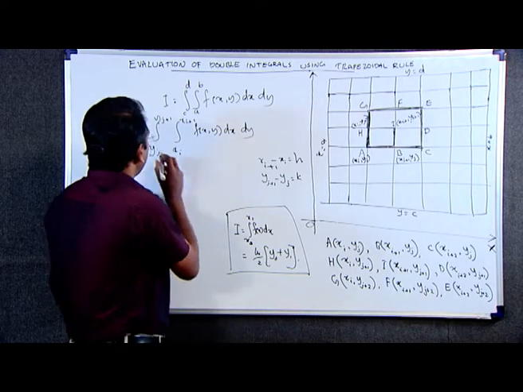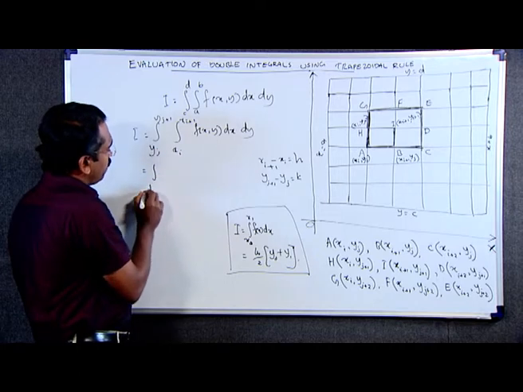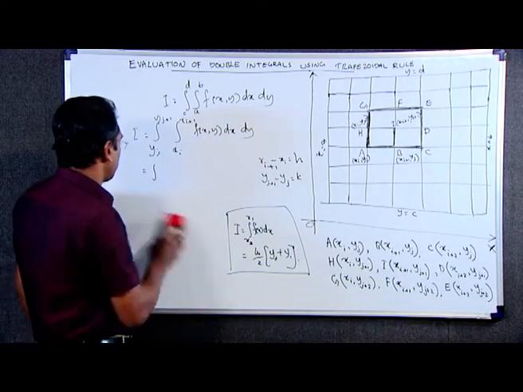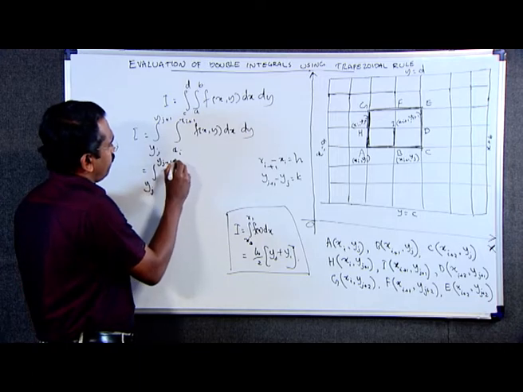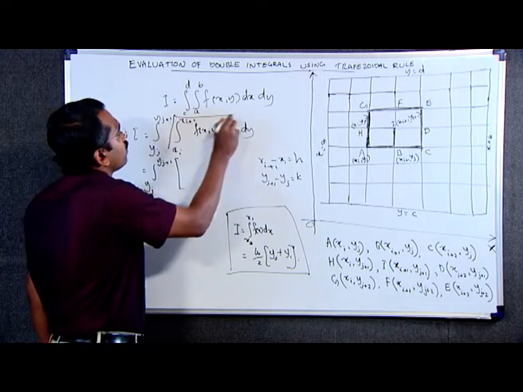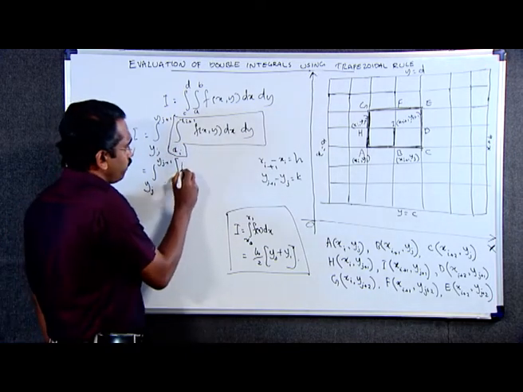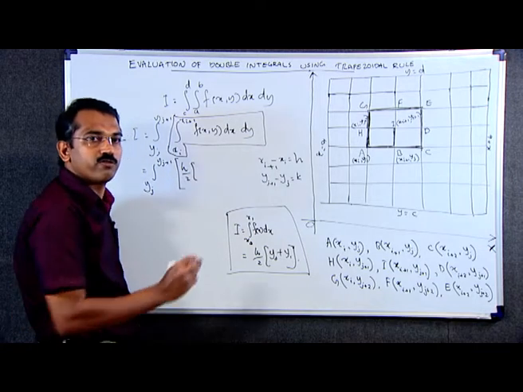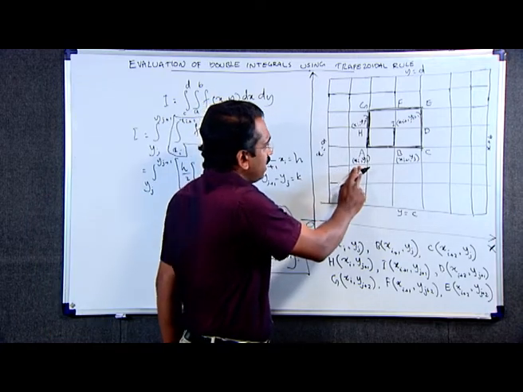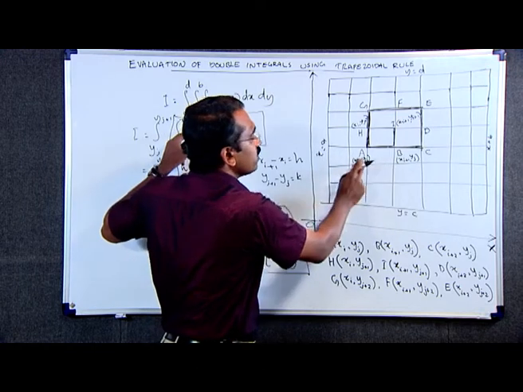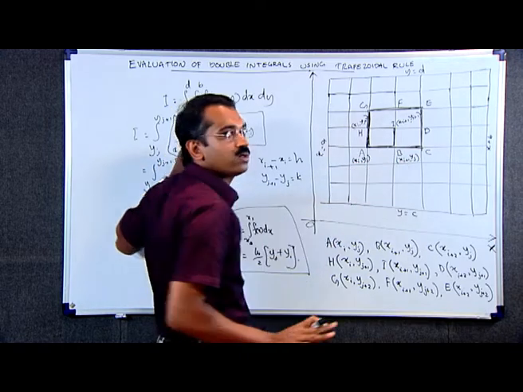Therefore, we can write this double integral as the integral from yj to yj plus 1 of, now we apply the trapezoidal rule for this inner integral, h by 2 into f of xi yj, the corresponding points being xi yj and xi plus 1 yj.